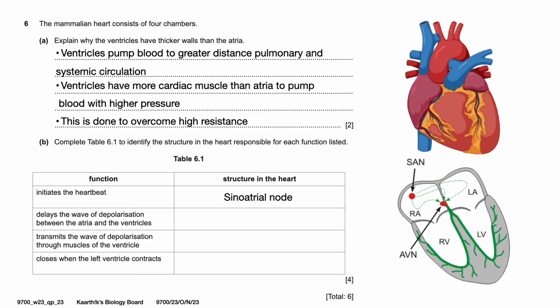Delays the wave of depolarization between the atria and the ventricles is the atrioventricular node, that is AVN. Transmit the wave of depolarization through muscles of the ventricles is the Purkinje fibers.